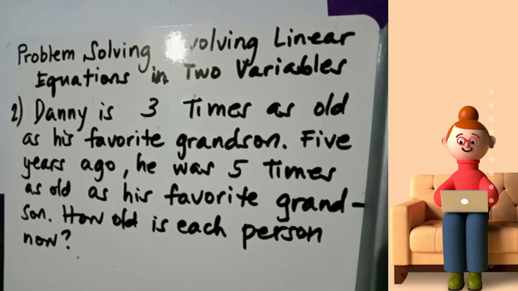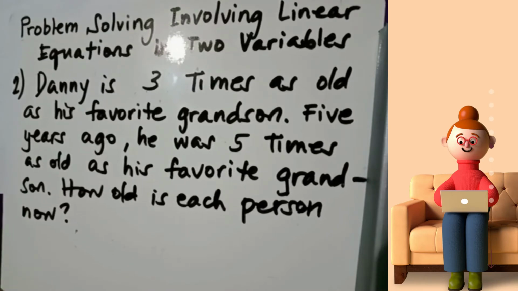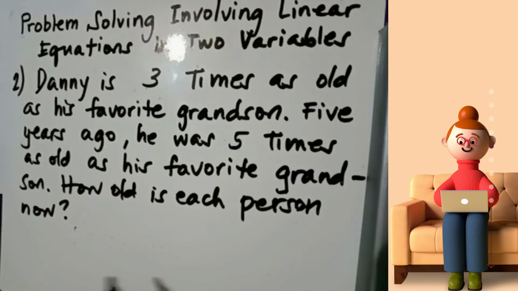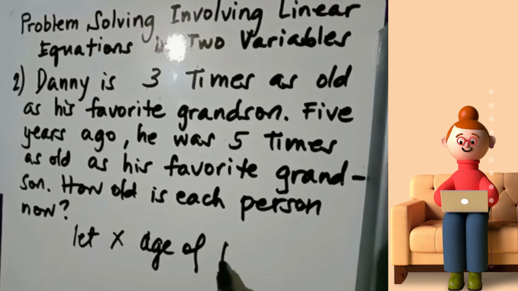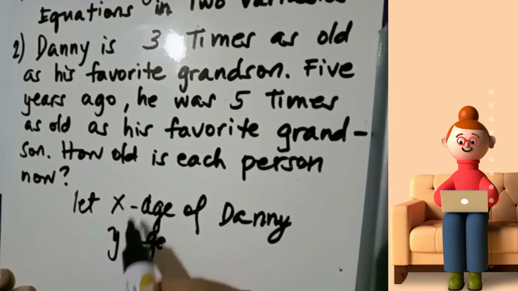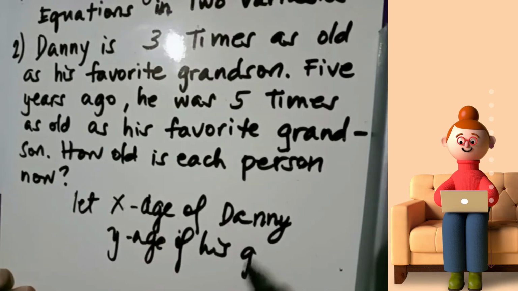Devise a plan or translate. So let's translate it. Danny is 3 times as old as his favorite grandson. So let x be the age of Danny, and then let y be the age of his favorite grandson.